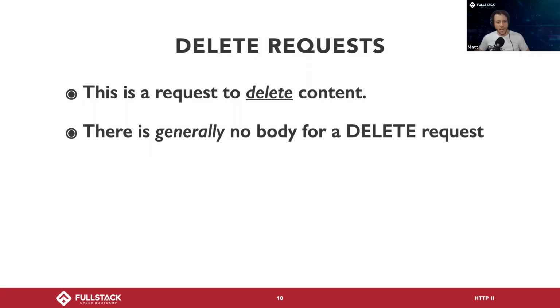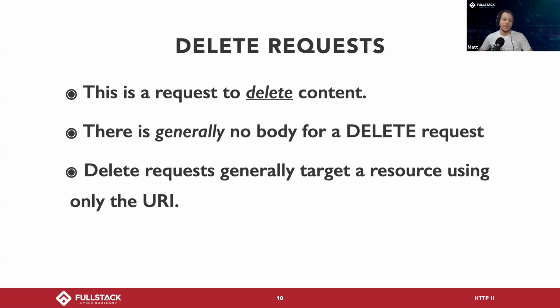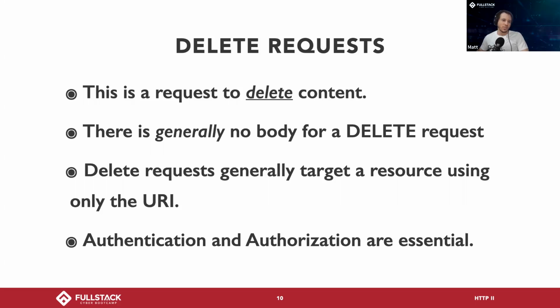Don't need the body for that. And usually they're deleting the resource based on the URI. So you might see like delete, /account/ the actual account number in the URI. And of course, no one should be able to delete other people's stuff. So authentication and authorization is crucial at this part.